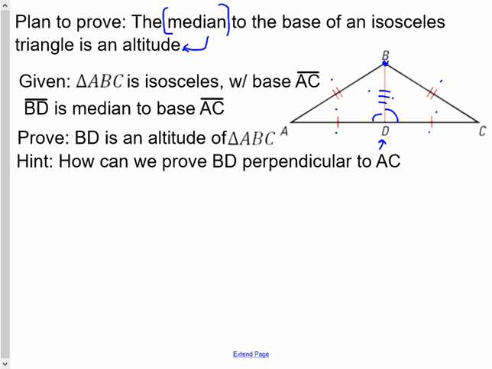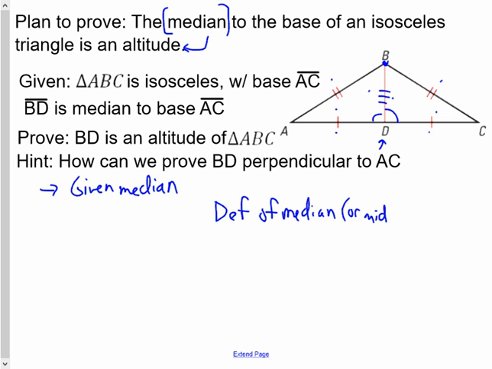So again, writing out the plan to prove a little more thoroughly. This may be in your homework, but basically if we were given median, it's labeled in there, but I would say by definition of median or midpoint, depending on which way you want to go with it. Technically, median tells you we're intersecting at the midpoint, but it would tell you AD and CD are congruent.